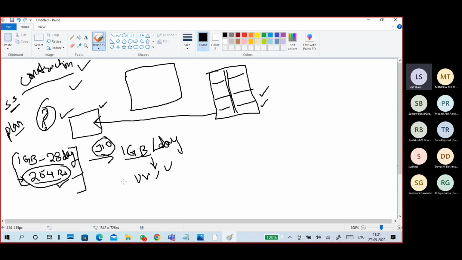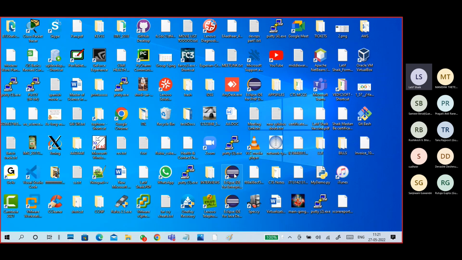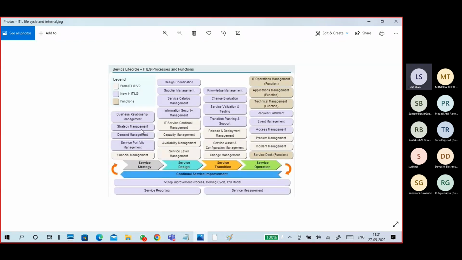Airtel was there once upon a time, they gave very good services, so we have to put them in a burial ground. This is the point of service strategy: understand the market, behave according to it.